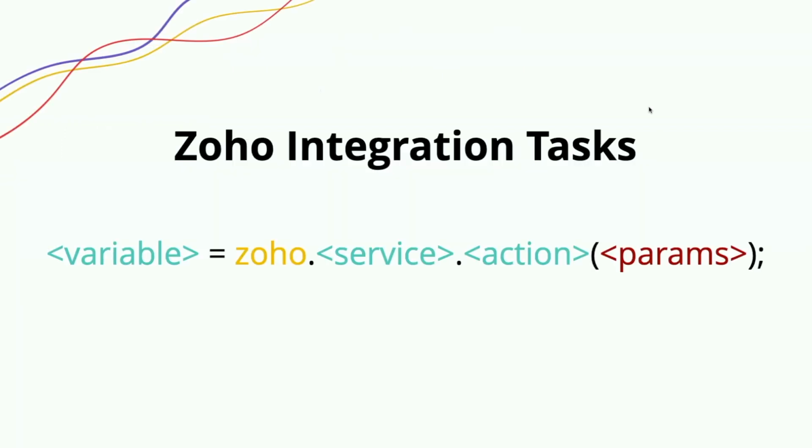Okay, so Zoho integration tasks are basically shorthand ways of writing API calls that are included in Deluge. The way they work is you have a variable which is just going to hold the API response, and that is equal to zoho dot service, so some application, dot whatever action I want to do or whatever API call I'm trying to make, and then in parentheses you may or may not have some parameters or some data that you want to pass in that call.